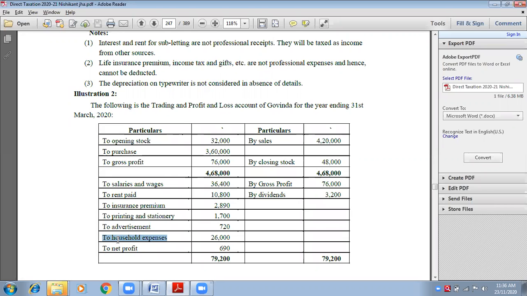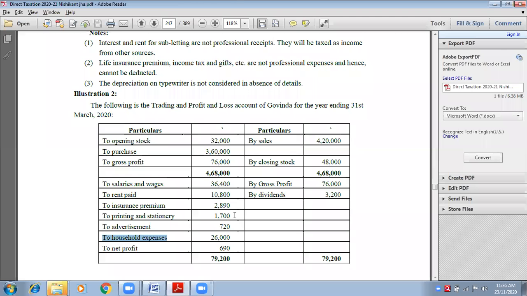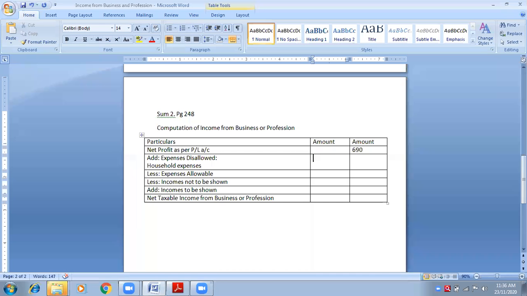So write down household expenses. How much are the expenses? 26,000. So in the inner column, you have to write 26,000, because there are so many expenses to be disallowed. So first we need to write everything in the inner column.